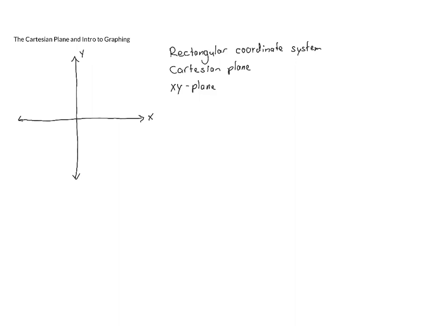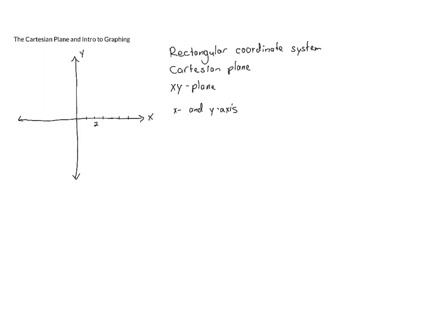So here we have an x-axis and a y-axis. These are both effectively number lines, but we call them axes. And they are number lines, so we will put tick marks on them.